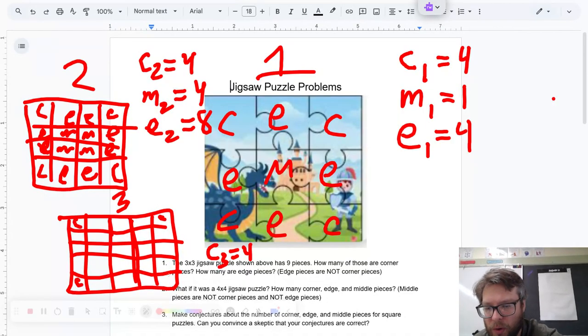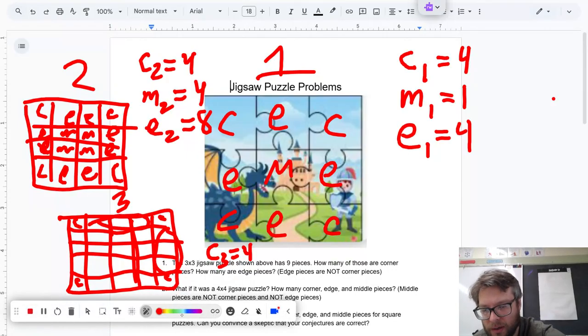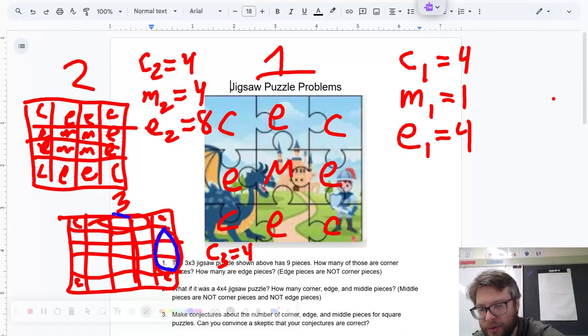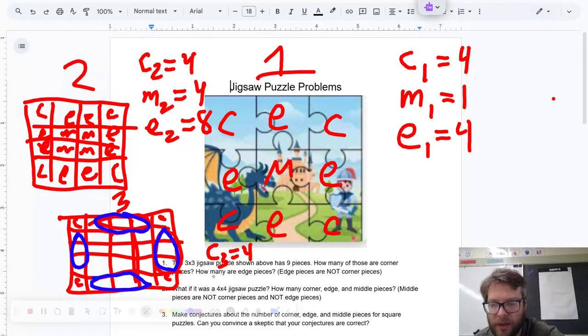Now I'm not going to count them one by one for the edge pieces. I'm going to count them in groups. I can see that there's one group of 3, 2 groups of 3. Here, let's use a different color. One group of 3 for the edges, another group of 3, another group of 3, and another group of 3. So for the number of edge pieces here on puzzle number 3, I have 4 groups of 3. 4 times 3, I've got 12. 12 edge pieces.